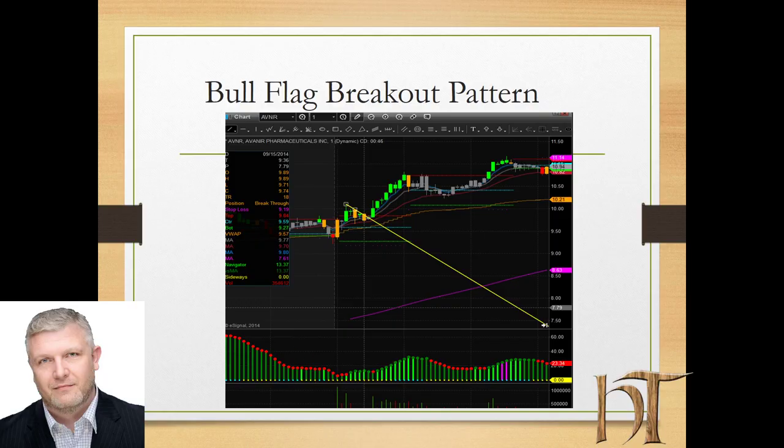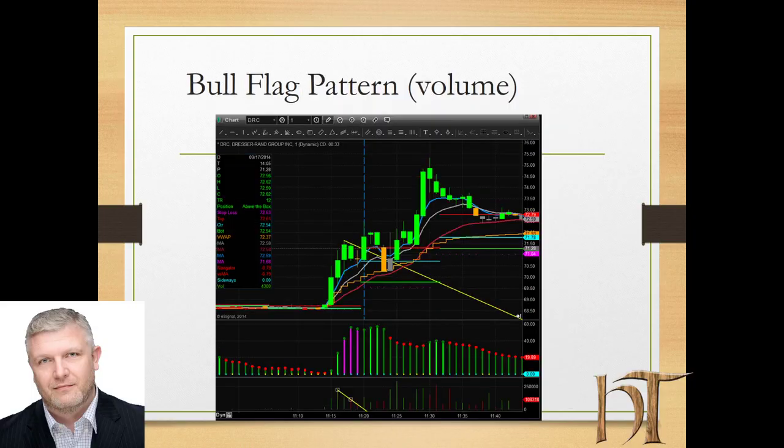Now, here's another bull flag. Where's my button? Here's another bull flag pattern, and we see it actually pop. And we pop up, a little bit of a pullback, and then another pop up.